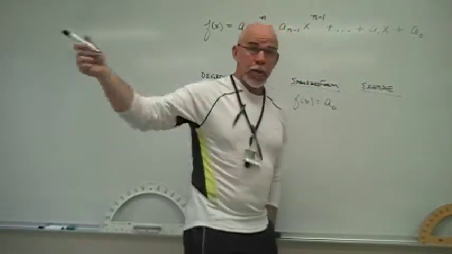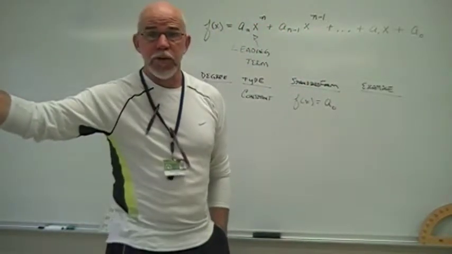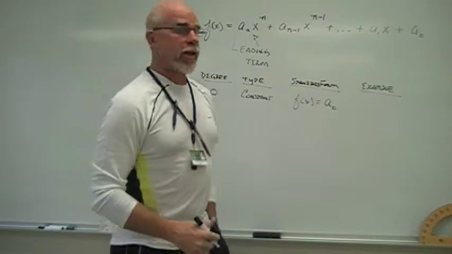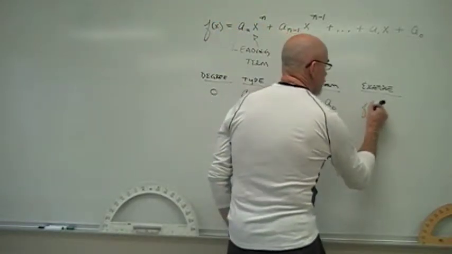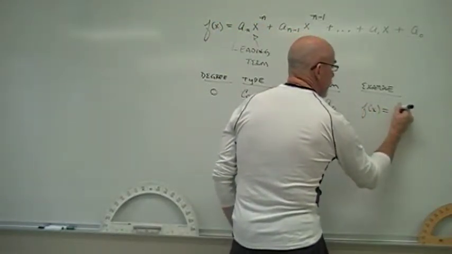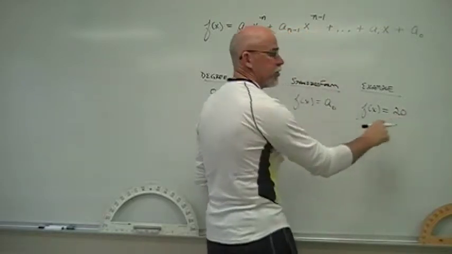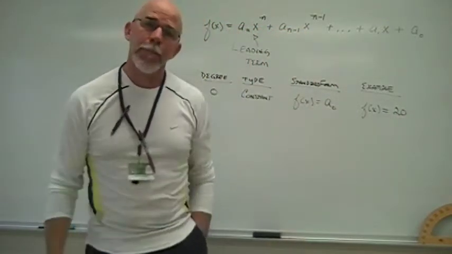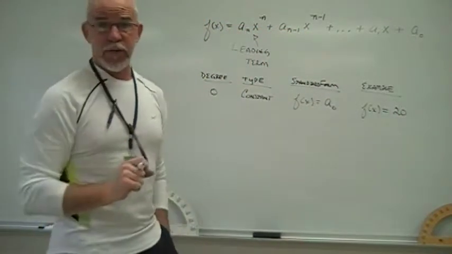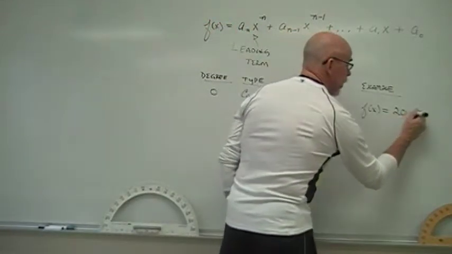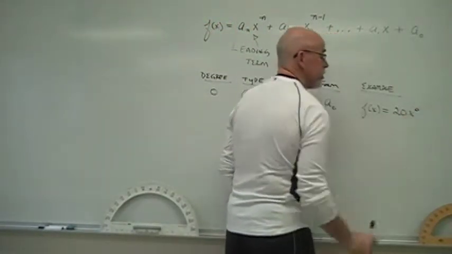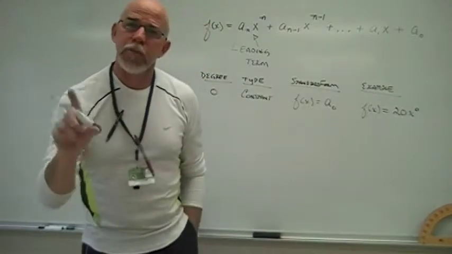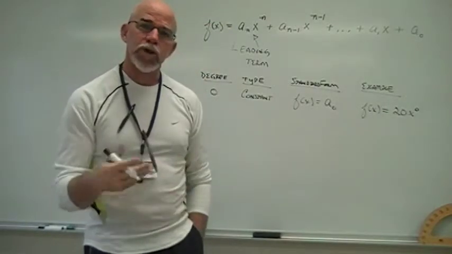And remember our piecewise functions where we're moving. We had times where we were standing still, and we had a function that was modeled by just a constant term, a number, no variable. Or it does have a variable, but we know that variable could be raised to the 0 power. Anything raised to the 0 power is 1. 20 times 1 is 20.